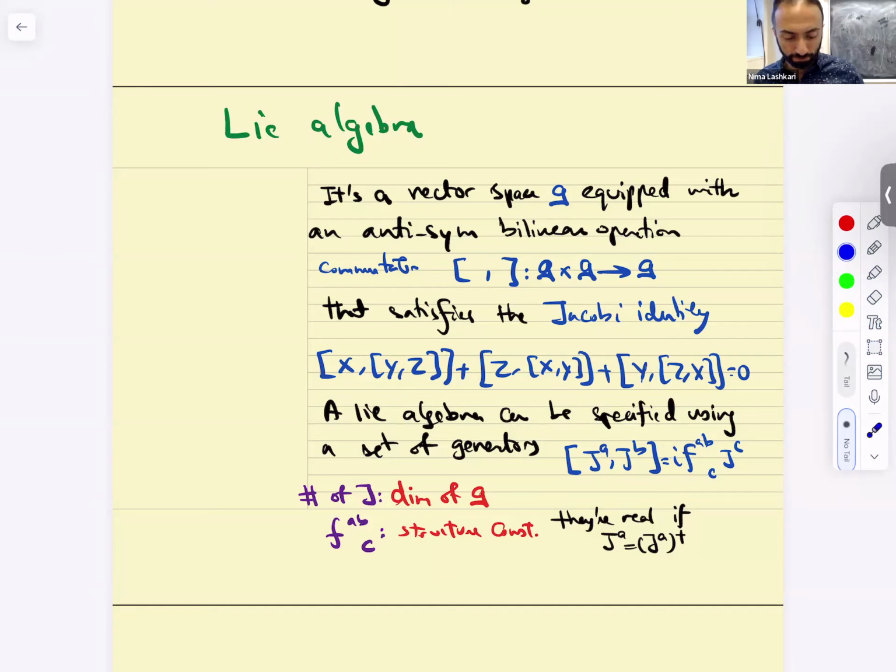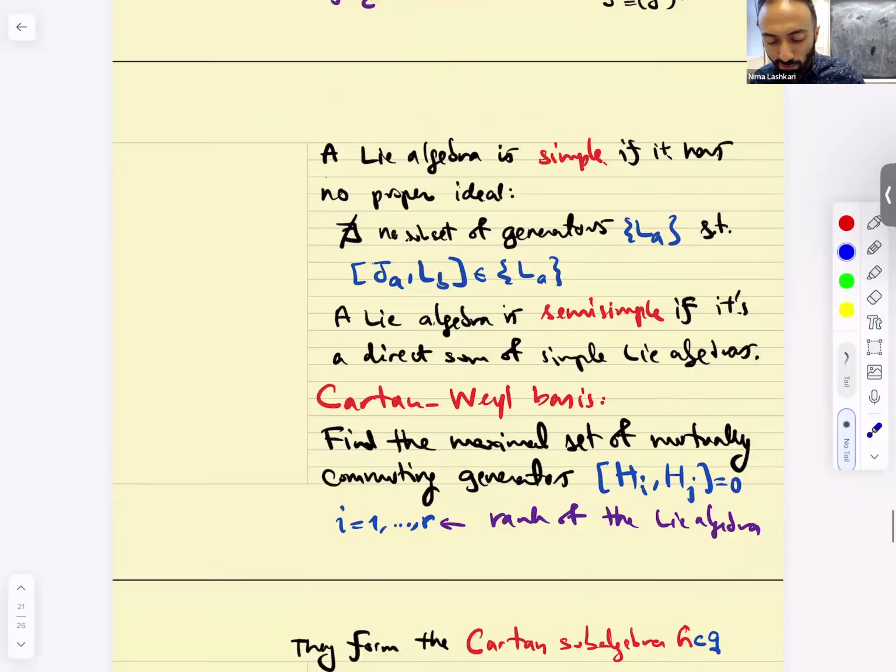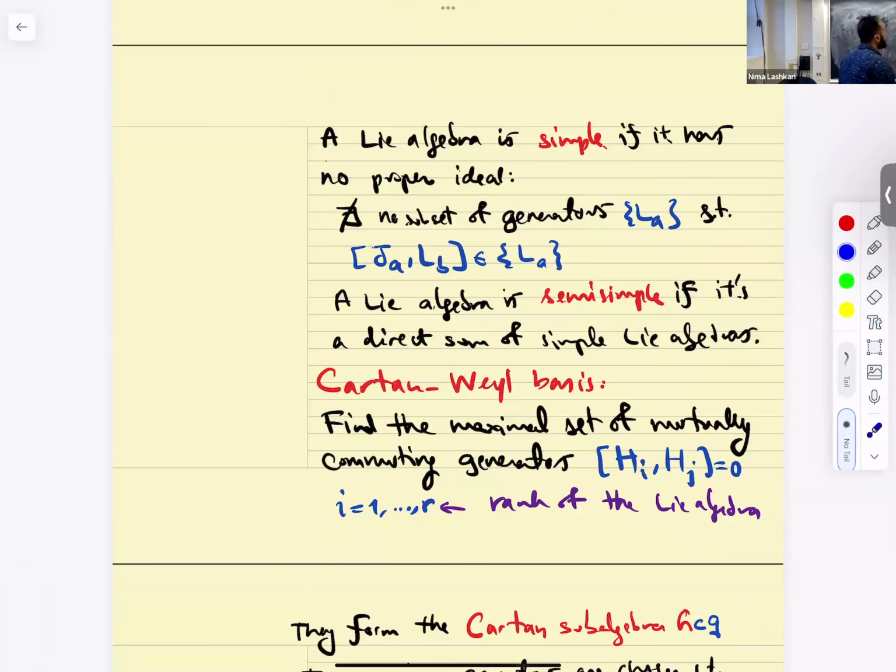Any questions? A Lie algebra is simple if it has no proper ideal. What's a proper ideal? Having no proper ideal means that there's no subset of these generators that rotate among themselves under their commutation relations. Meaning that if you just take a bunch of them, through their commutation relations you get everywhere.